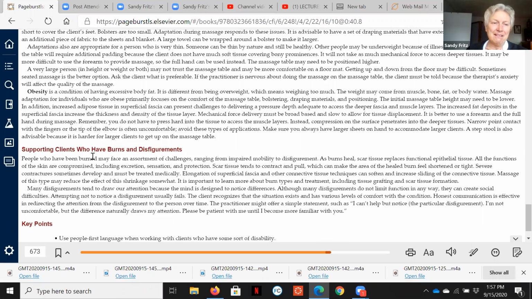And then we have acquired disfigurement that might happen with burns, or people might have had some sort of crush injury, or they might be born with a disfigurement.